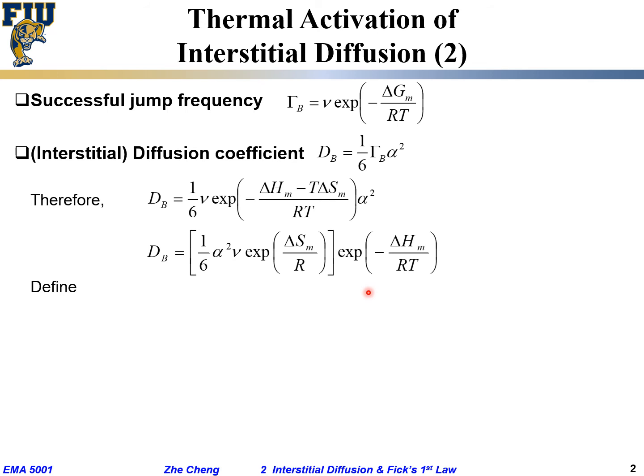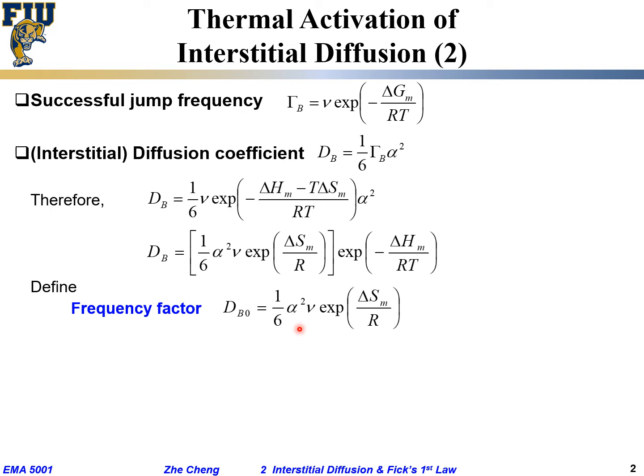If we define so-called D0, the pre-exponential term, the so-called frequency factor, what is the frequency factor? We define the things within this square bracket: D0 of the things within this square bracket, 1/6 alpha square mu. What does alpha mean? Successful jumping distance, which relates to the lattice parameter.